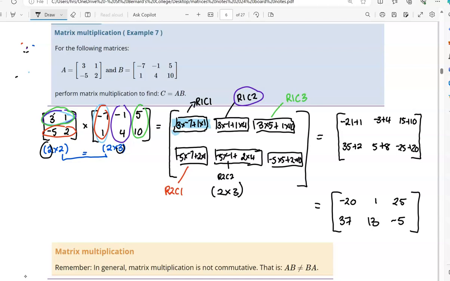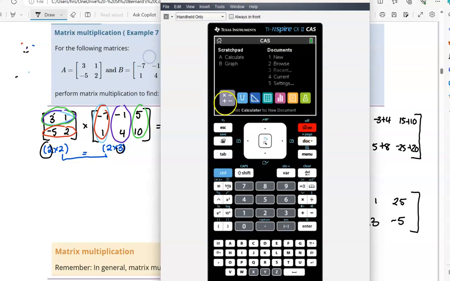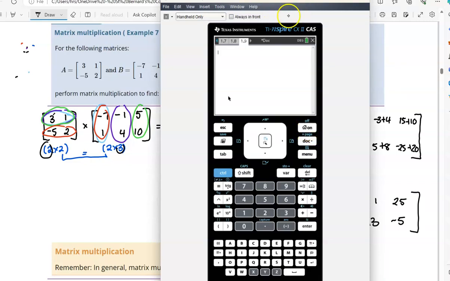Let's check quickly on our calculator whether we got the right answer. So I'll do a clean page for us. We're going to pop in that A matrix. I'm going to use that quick key. So it's 3, 1, -5, and 2. Then I'm going to multiply it by B, which was a 2 by 3.